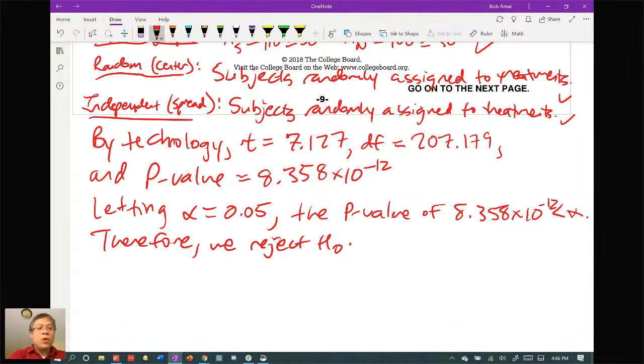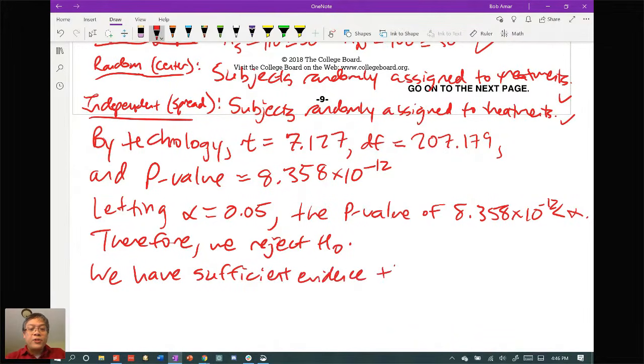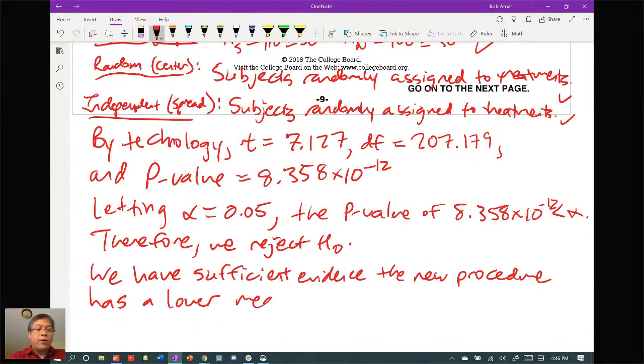We have sufficient evidence. This is the S. State a conclusion in context: the new procedure has a lower mean recovery time. That is question 4.